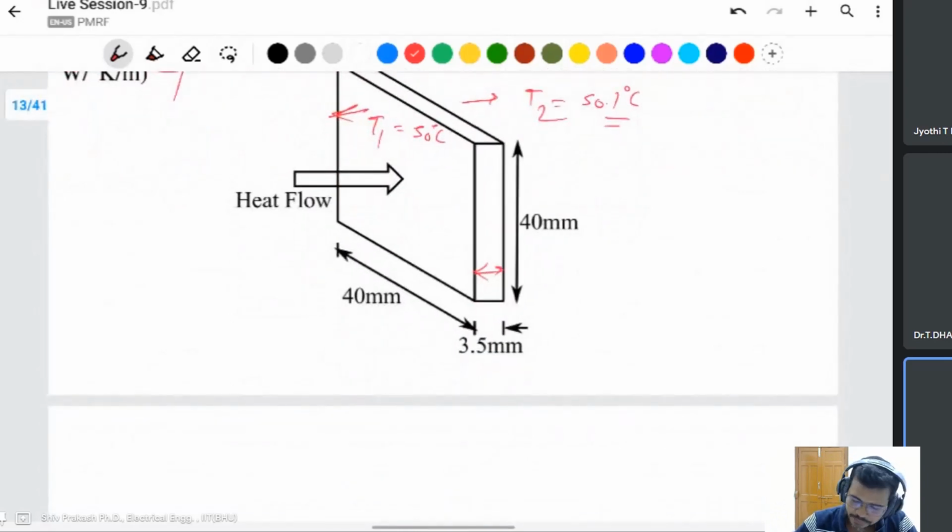This is delta X. In meters, this is 3.5 into 10 to the power minus 3 meter.